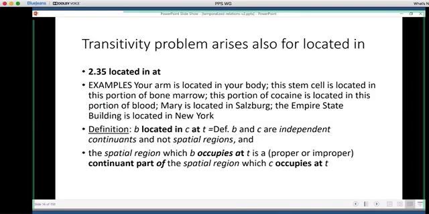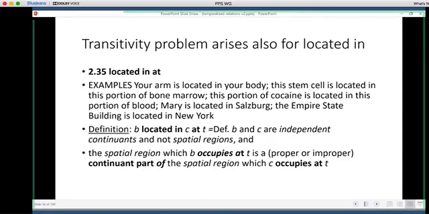It doesn't really arise for any other relation, but there are combinations of relations which we need to keep track of, and to do justice to those, we need to be very careful about the distinction between at some time or at all times, and more specifically for our purposes, at all times in a specific phase.